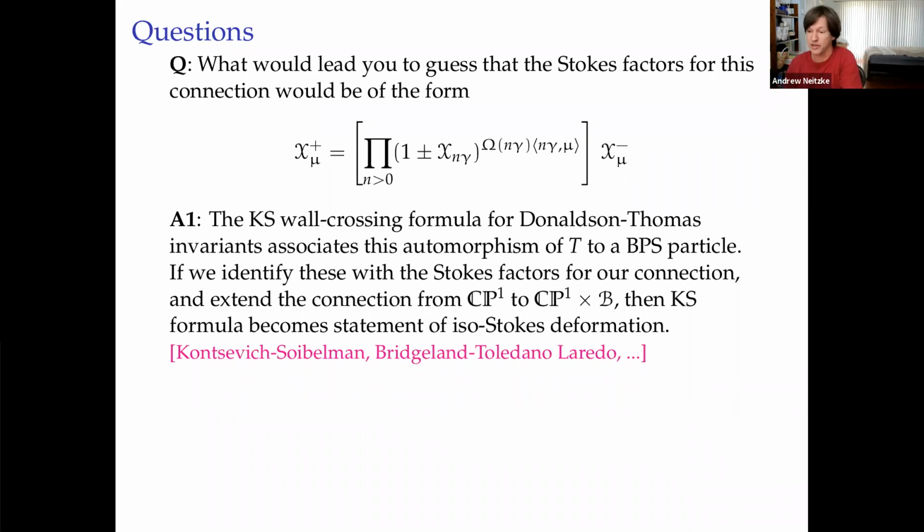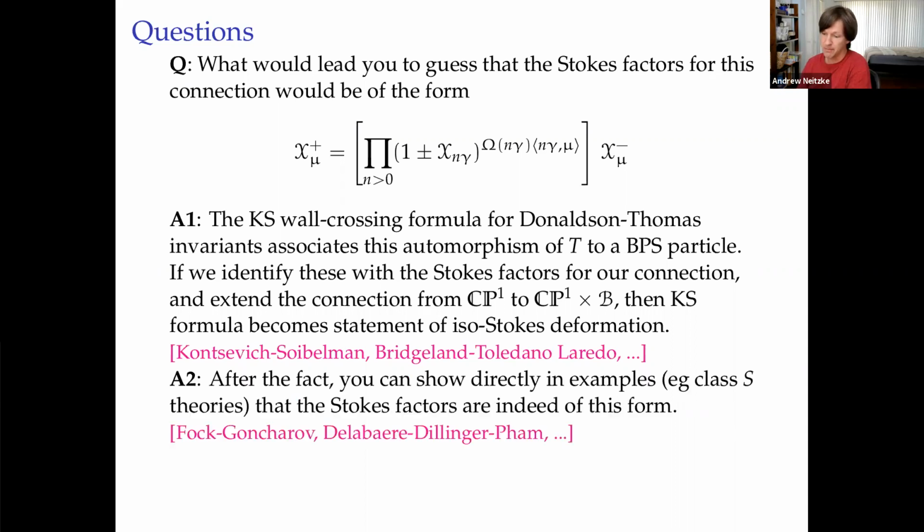Okay, so that's one way that we might guess these Stokes factors. Another way is that after the fact, once you've made this conjecture, you can look at the examples where we feel like we understand things. Particularly, you can look at these examples of class S theories, the examples that had to do with SL2 Higgs bundles over a curve.